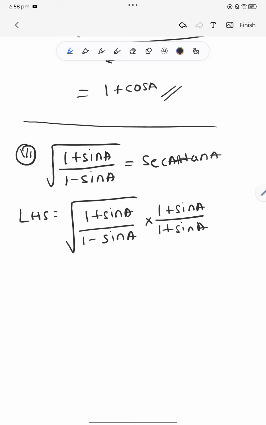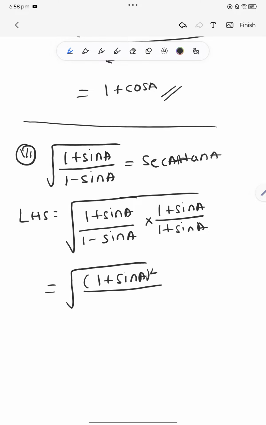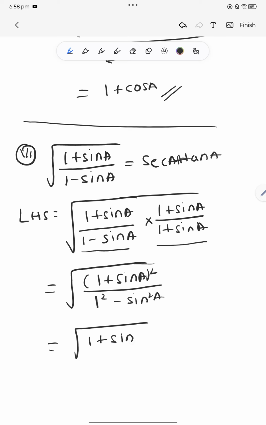So 1 plus sin A into 1 plus sin A becomes (1 plus sin A) whole square, divided by (a minus b) into (a plus b), that is a square minus b square. So 1 square minus sin square A, and 1 minus sin square A is cos square A.